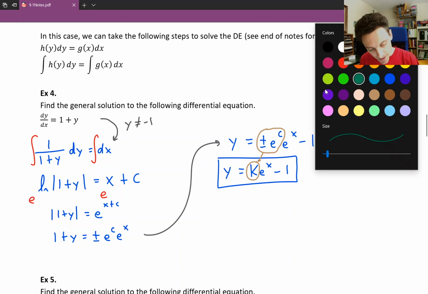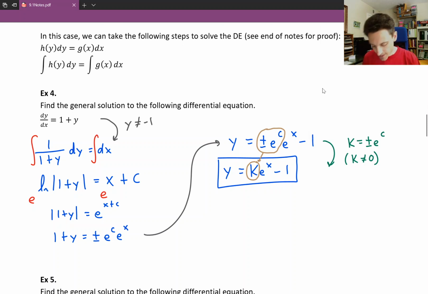So the other thing I'm going to mention is when we took this step where we dropped the absolute value bars and we wrote the plus or minus on the other side, I just want to clarify that because sometimes people get confused about that step. Remember, if you have the absolute value of x is equal to 3, then there are two possible solutions to this equation. Either x is positive 3 or x is negative 3.